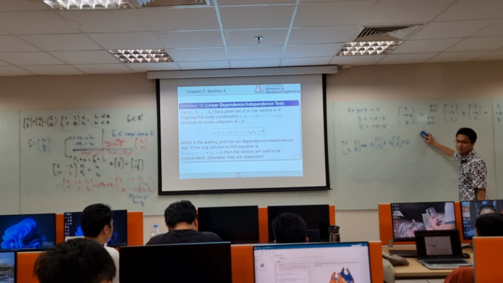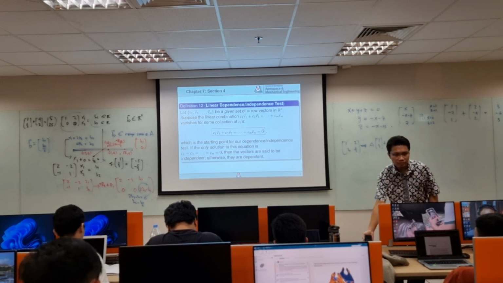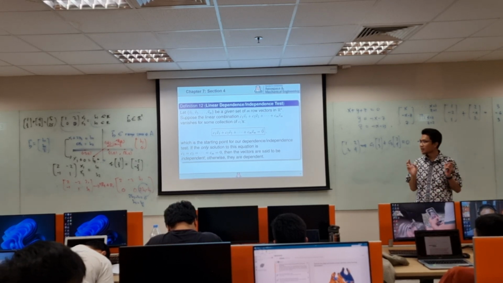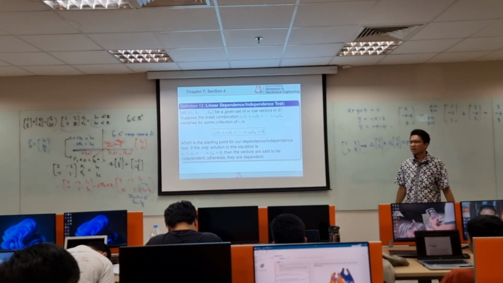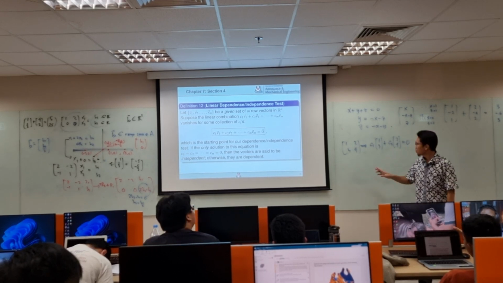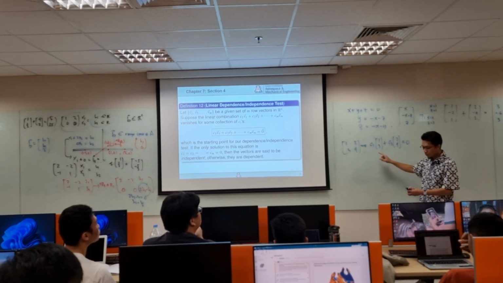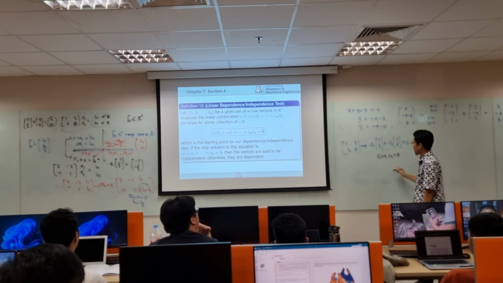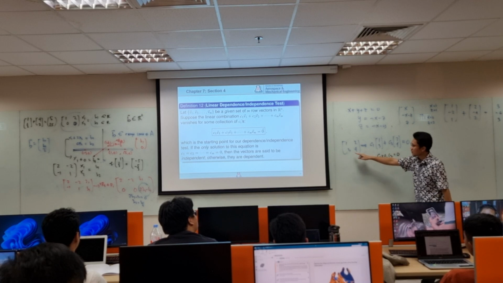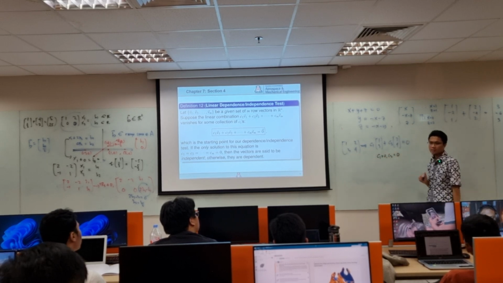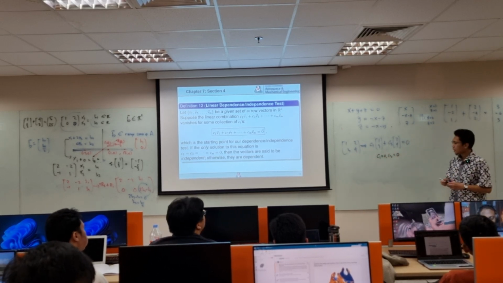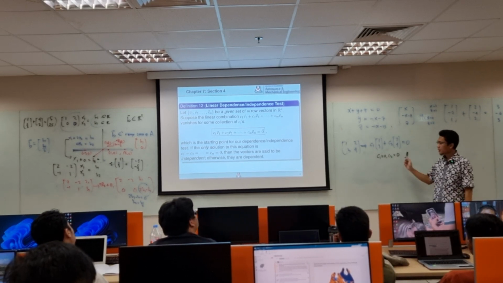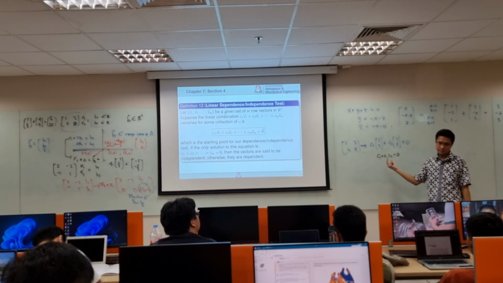Any idea? If the only solution to this equation is c1 equal to 0 and c2 equal to 0, then it means these columns are linearly independent.